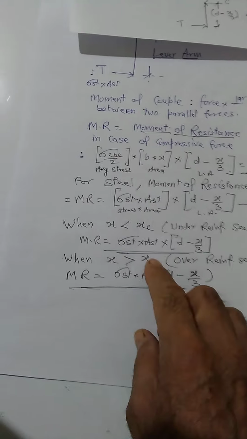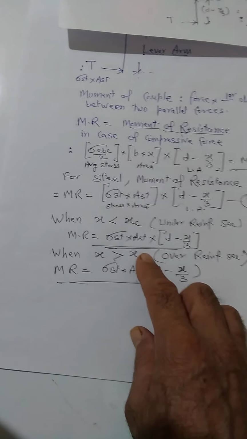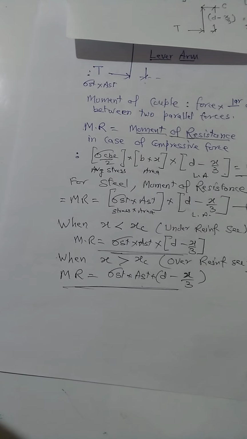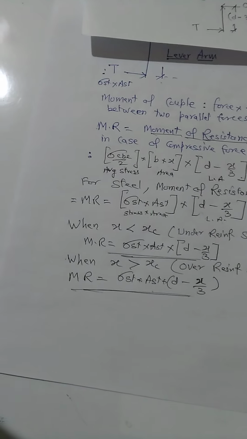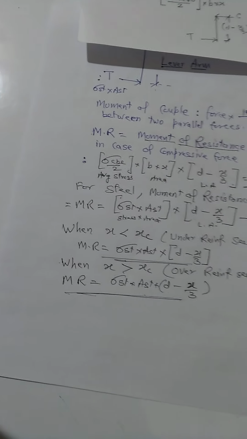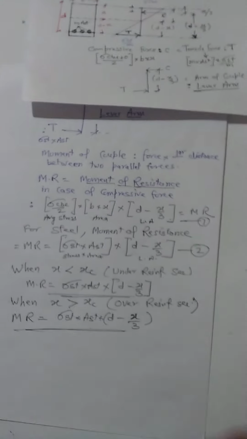I have committed some mistake. When x is greater than xc, it is over reinforced section. The concrete will fail earlier and not the steel. So here I have committed a mistake. Instead of this, it should be taken in the reverse direction.